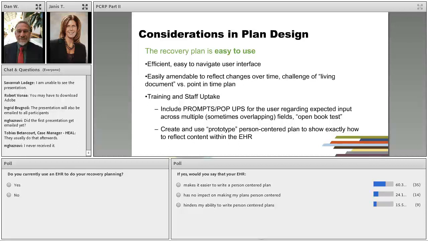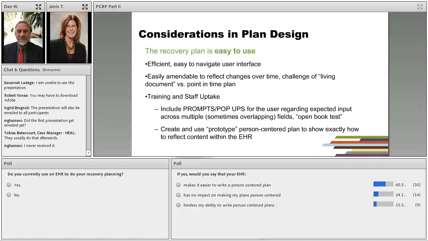A second piece of this is how easy is it to get in and change your plan. So usually you have 2 needs. One is that at any point in time, you want to say, okay, this is the recovery plan, so I can either look at it on my screen or print it out, if I have to, share that out with another provider, with the person, and it's easy to see that whatever today is the plan.